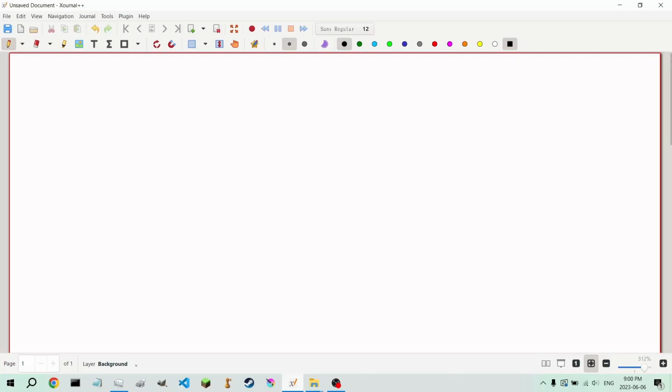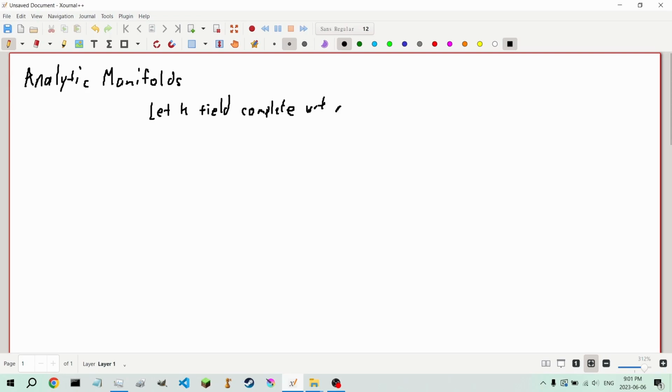Alright, so our new chapter is going to be on analytic manifolds. To start things off, a convention we're going to set up here is we're going to have K be a field complete with respect to a non-trivial absolute value.